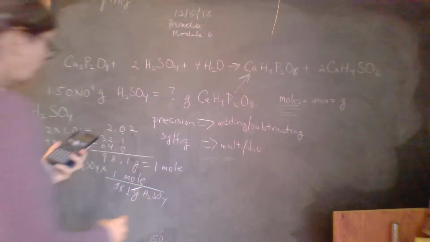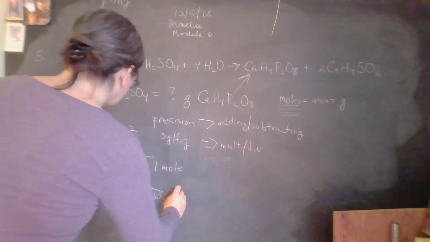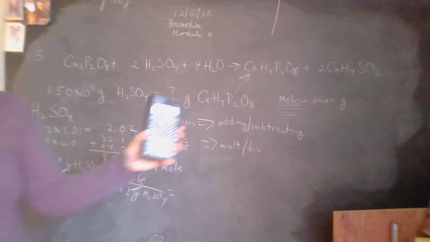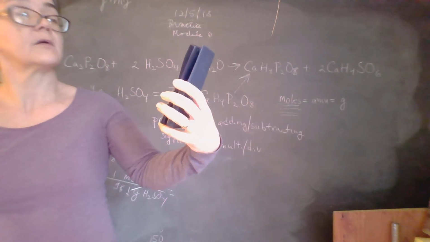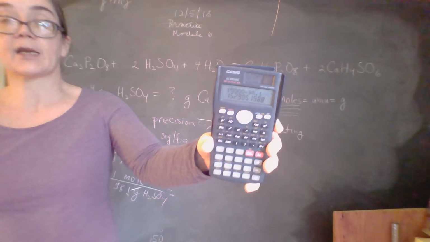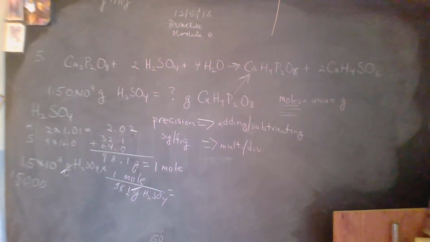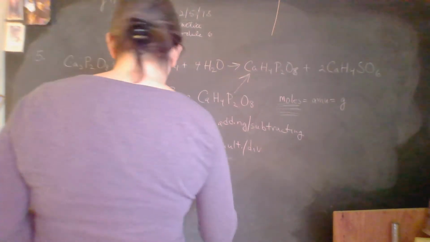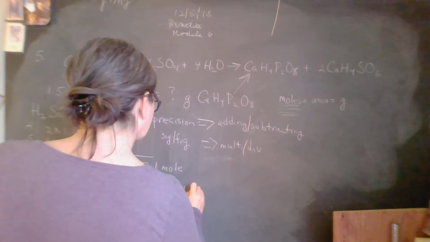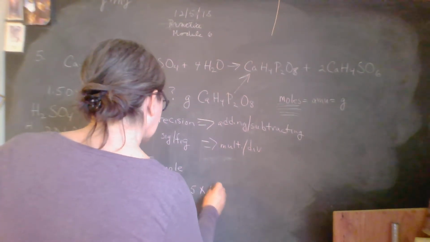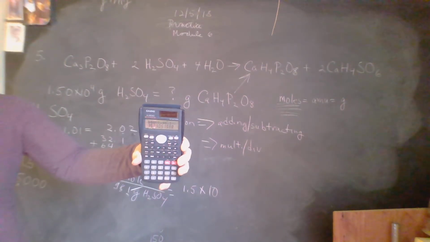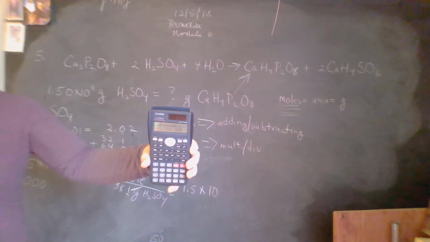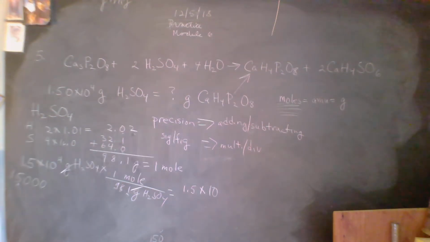So I have 152.905. That's too many though. So what are the 2 significant digits I'm going to use? 1 and 5. So I'm going to say 1.5 times 10. I wrote out my exponents. I just did 15,000 instead of 1.5 times 10 to the fourth, so I'm not really worried about my exponents.